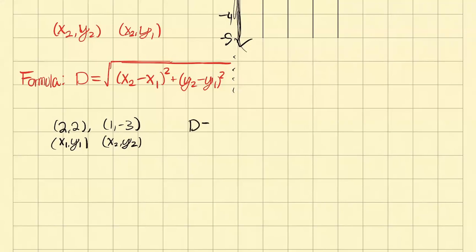So let's plop it in. Which is why it might be helpful for you guys to label them yourselves right here. If you're asked to find the distance between 2 points, just plop those little parentheses right there, label them, and then it's just fill in the blanks. So here's x2, which is 1, minus x1, which is going to be minus 2, plus y2 is going to be negative 3, and y1 is going to be 2, so minus 2.